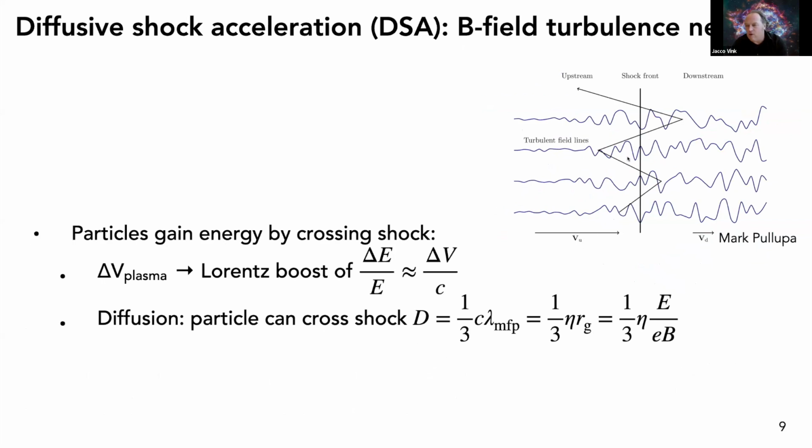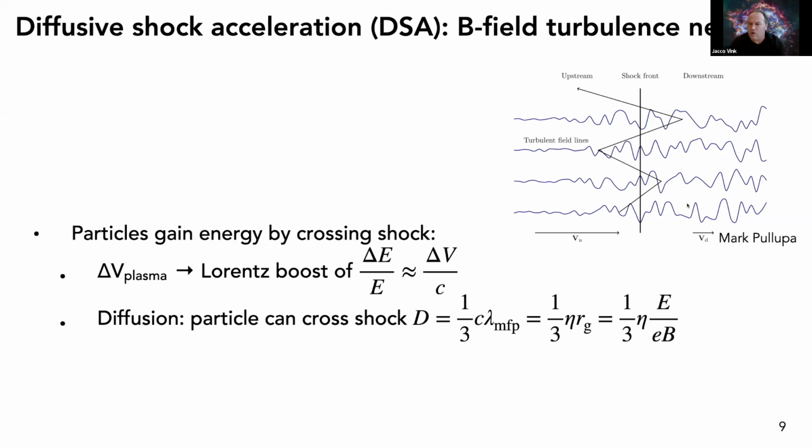Now, I already talked about how we think that diffusive shock acceleration is accelerating those particles, and that's true for protons, but also the electrons. In diffusive shock acceleration, the particle gains energy by crossing the shock front repeatedly and sampling both frames, the unshocked frame and the shocked frame.